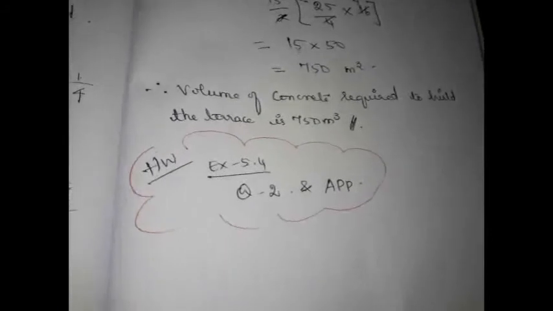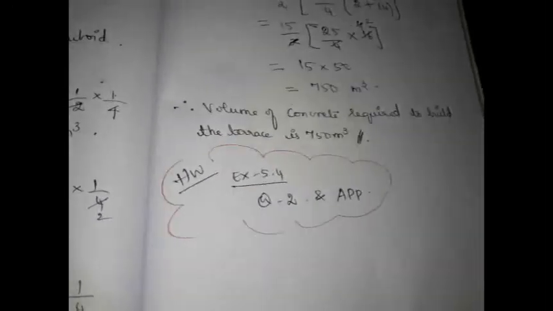So do exercise 5.4 question number 2 as your homework along with APP, additional practice problems, which I am going to post in the group. So let us solve a few more additional problems. Try by your own. If you have any doubts, ask me, because there is nothing new to explain again in AP.